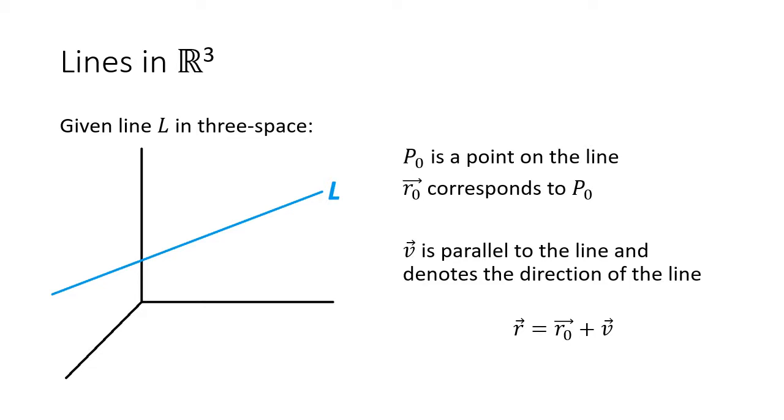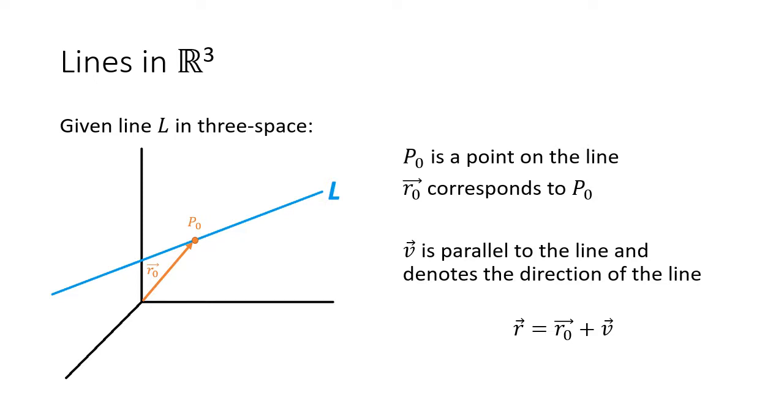So let's actually take a look at this. So if I have a line in 3 space, so I have my blue line L in 3 space, let's say I have point P0, and that's just some point that lies on that line. That means I also know that there's a vector that's going to point directly to that point P0.